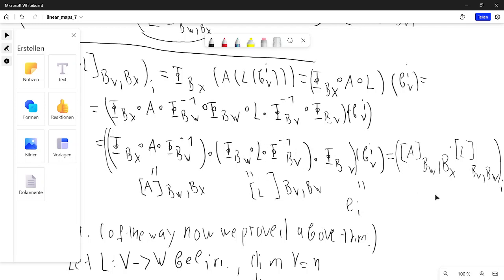But the important thing is, if I know that this map applied to this vector gives exactly the image of this matrix, then I can of course replace that by this matrix applied to this coordinate vector, right? Because if the result is the same, then I can replace by the result. So it didn't matter.